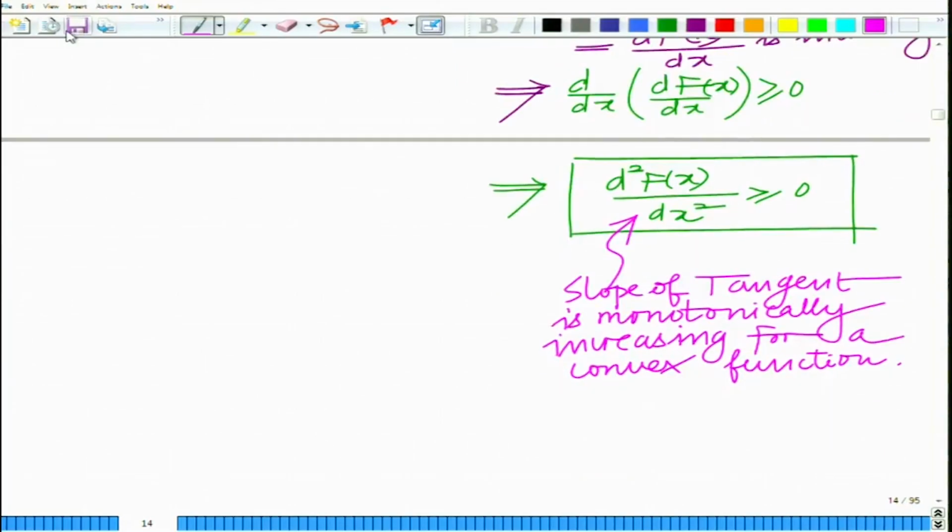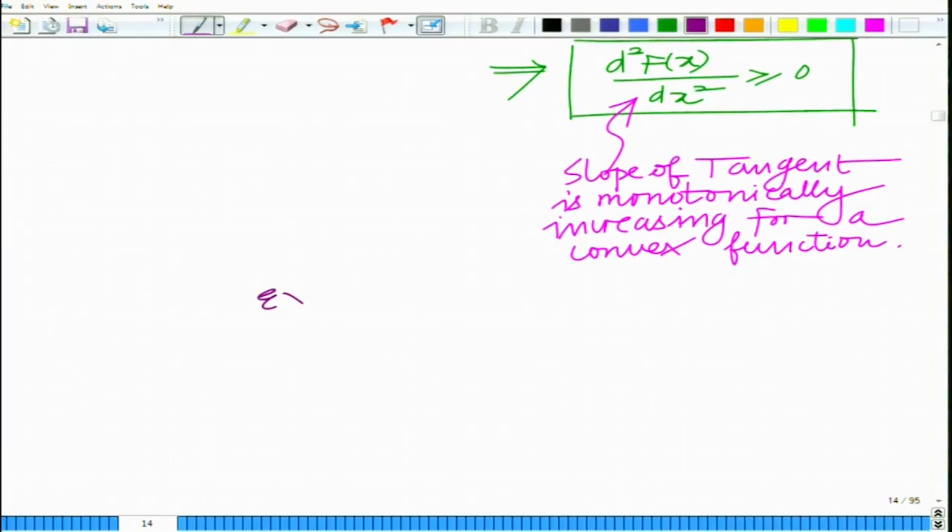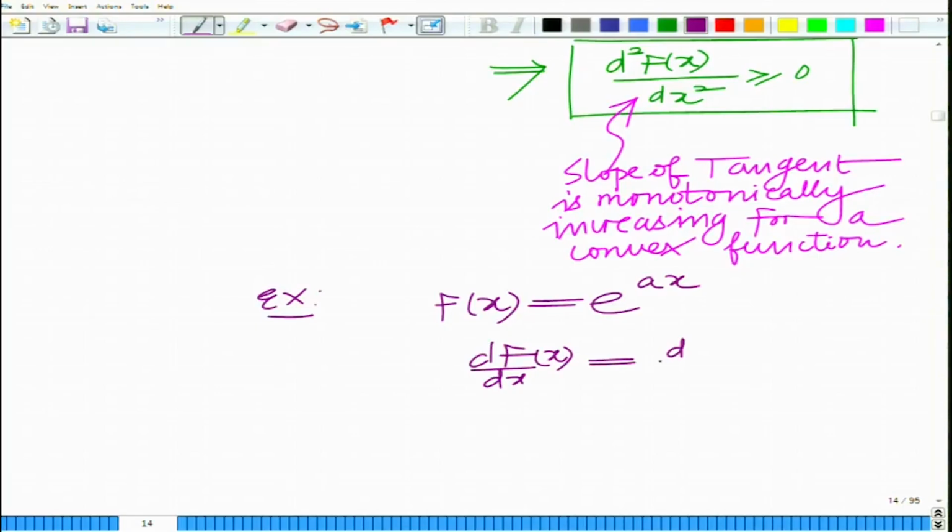Okay. Let us take an example. Consider f of x equals e raised to the power of ax, where a can be less than 0, equal to 0 or greater than 0. Then df(x) by dx equals d over dx of e raised to ax.